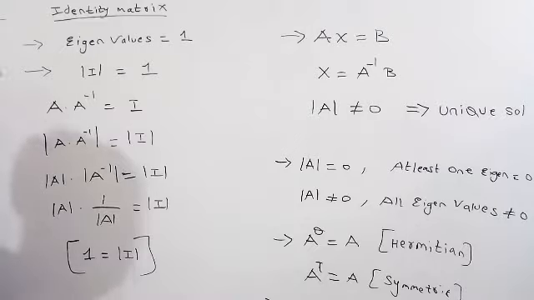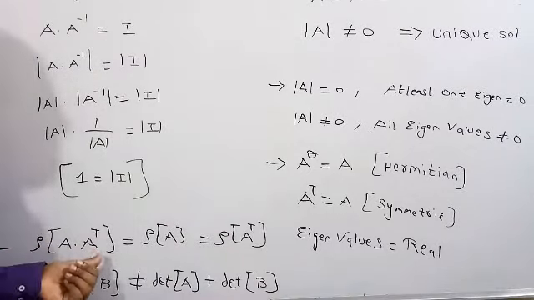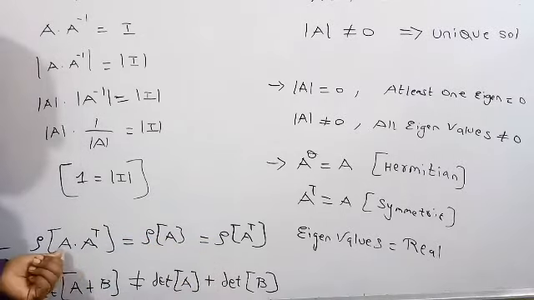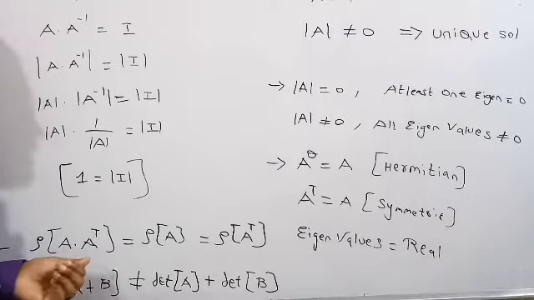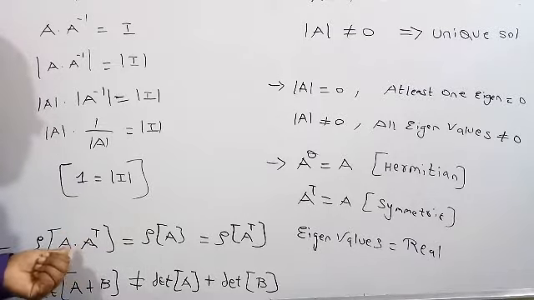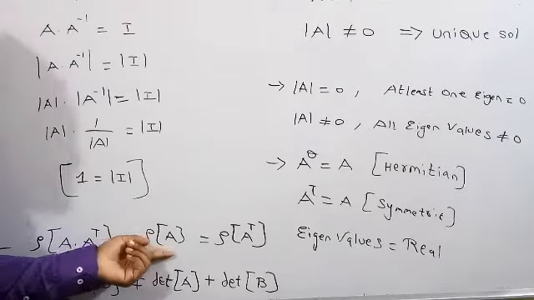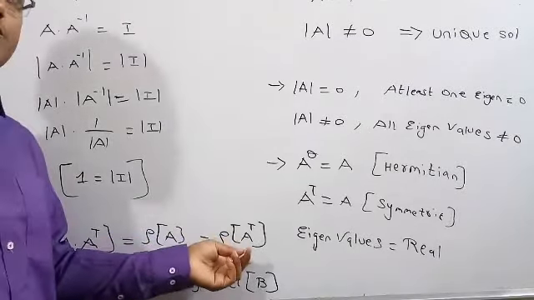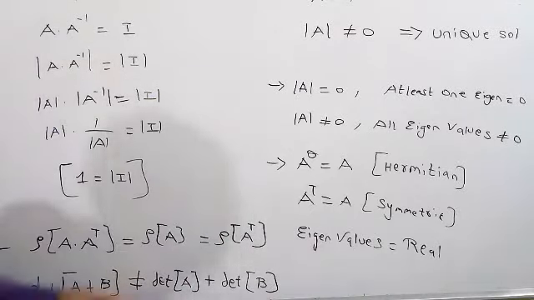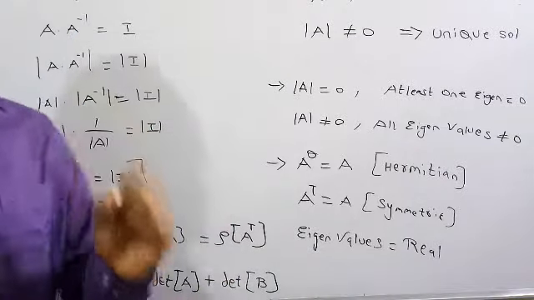See here another thing: the rank of A into A transpose. I have already told you the rank of A is equal to the rank of A transpose. Even if you do A into A transpose, the rank of the new matrix we get after this product is equal to the rank of the original matrix A or the transpose matrix, because by doing the transpose the rank doesn't change.